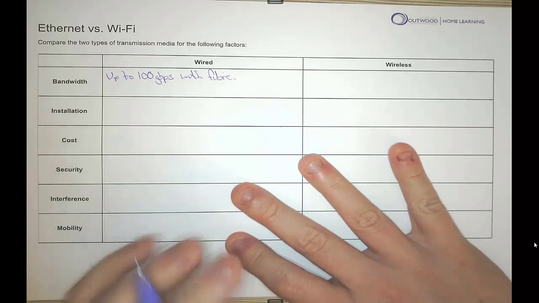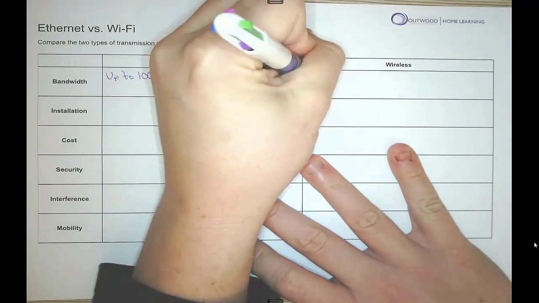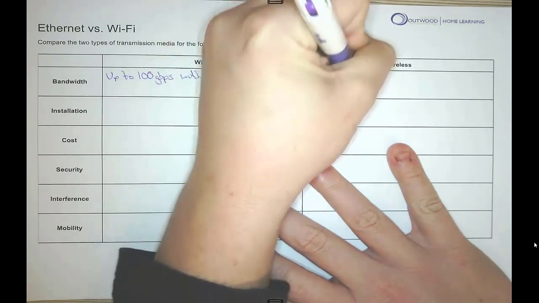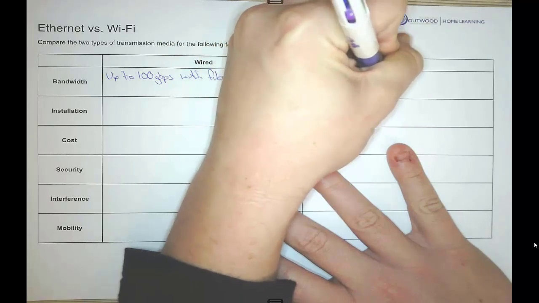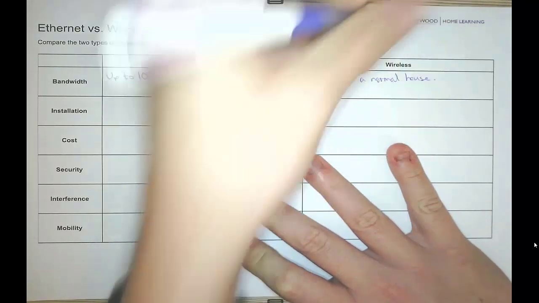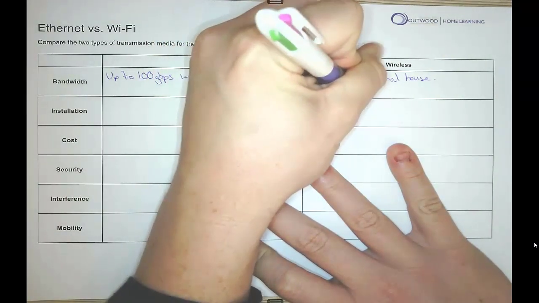With wireless it's improved over time. You're probably looking at, in a normal household, up to 300 megabits per second. But realistically that drops off quite quickly. So it has got lower bandwidth.